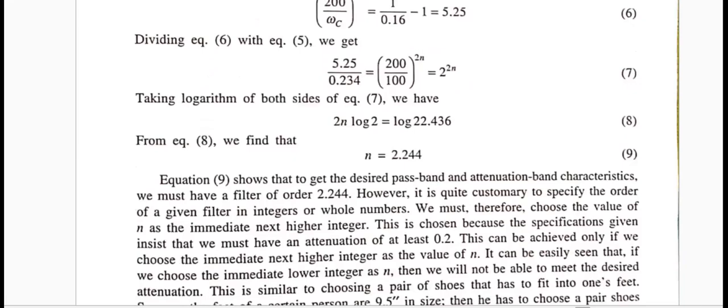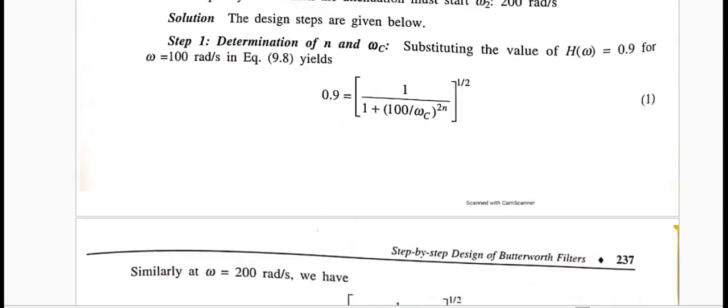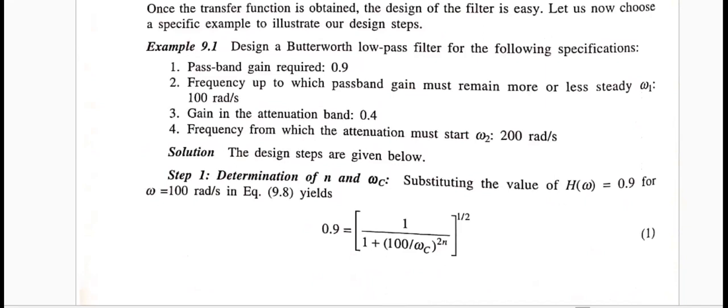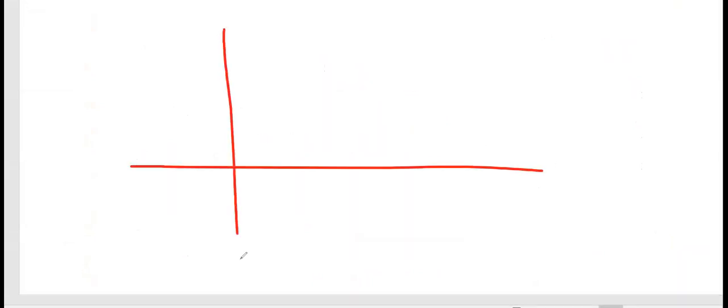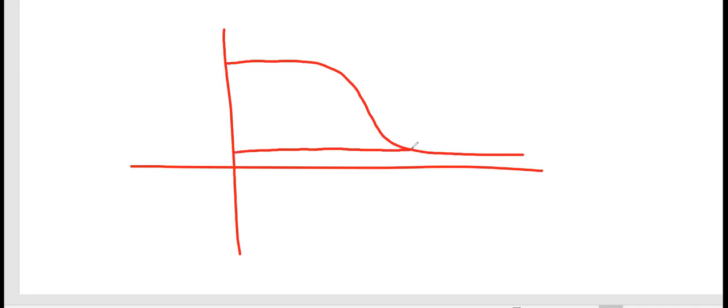We have found the value of n. Now, it has been mentioned in the problem that the frequency from which the attenuation must start is omega equal to 200 radian per second. So if we think about this, this is our 0.4 point, and let's say this is 0.9. This is the point of 200, that is omega 2.